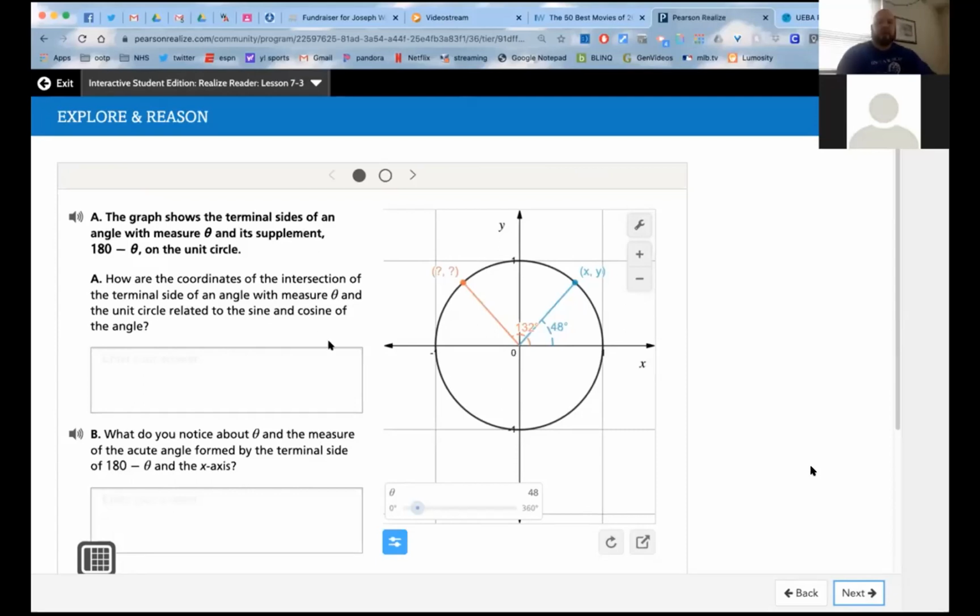So what I'm actually going to do now is jump over to my other screen, and I'm going to be able to write on the screen. So give me a second. I will pull that up.